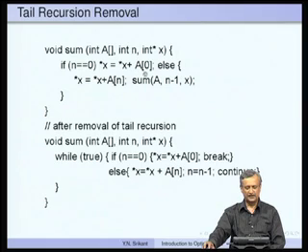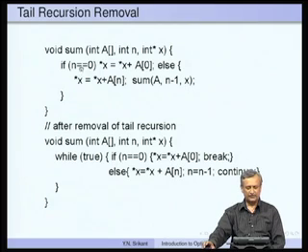It is actually assuming that *x has been initialized to some particular value. Now, this function is supposed to sum up all the elements of the array A. So, if n is 0, the 0th element is added into *x, otherwise *x equal to *x plus a[n], and then sum is called again with n minus 1 as the parameter and the same x.